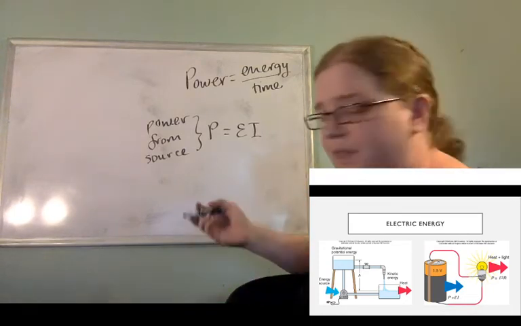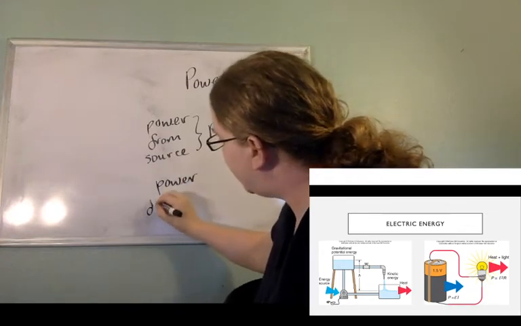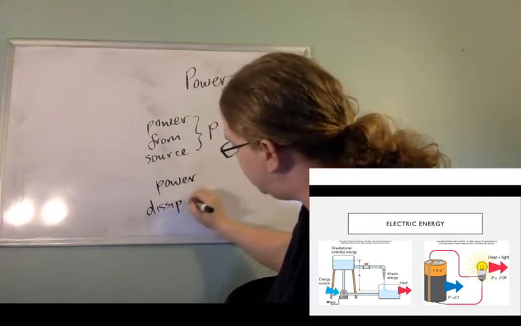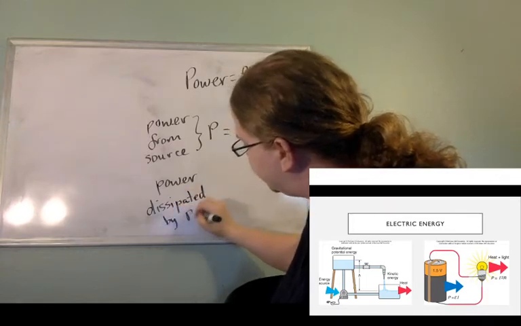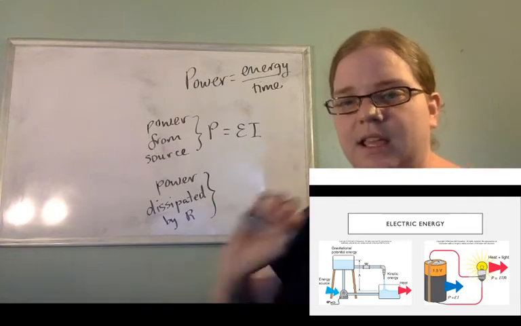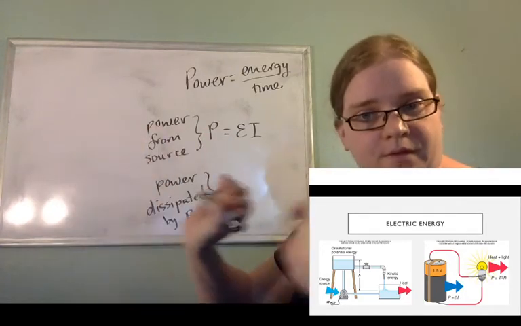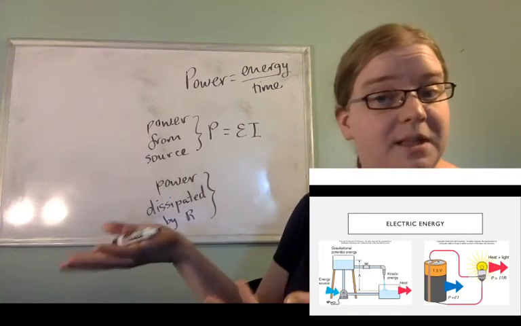We could also think about what is the power dissipated by the resistor. Dissipated means it gives it away, it gives it off, usually through something like heat and light, which is what happens with light bulbs.